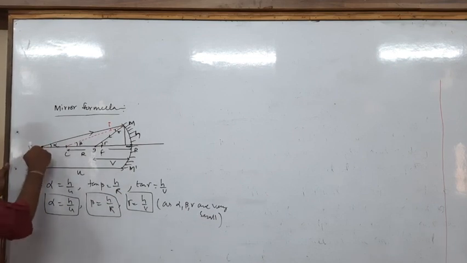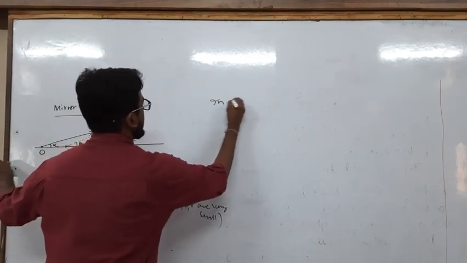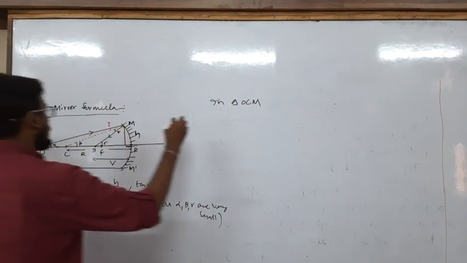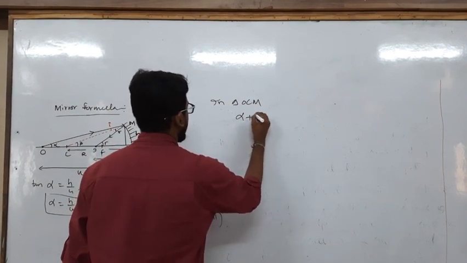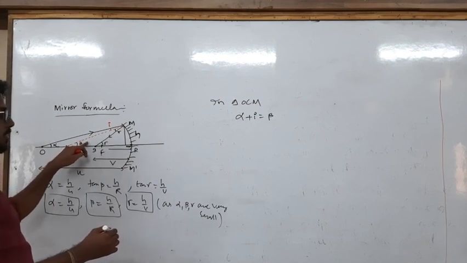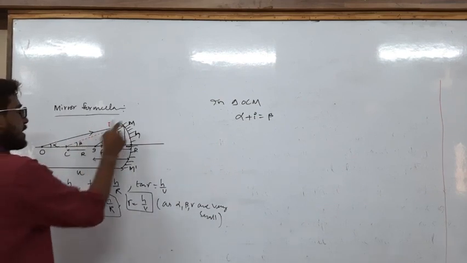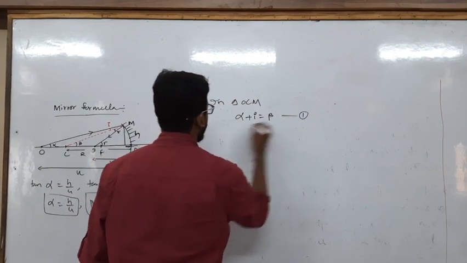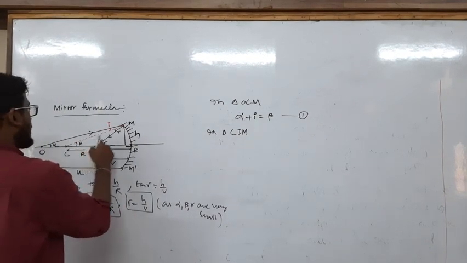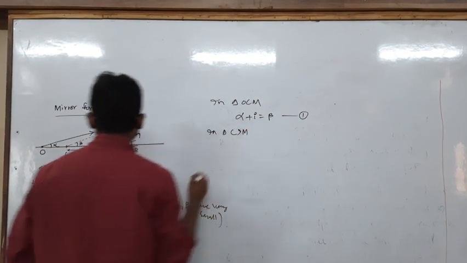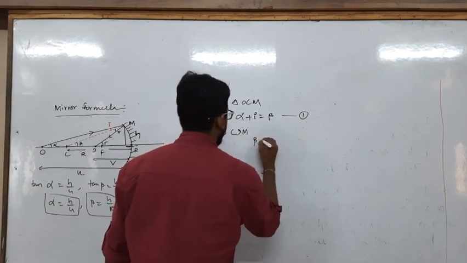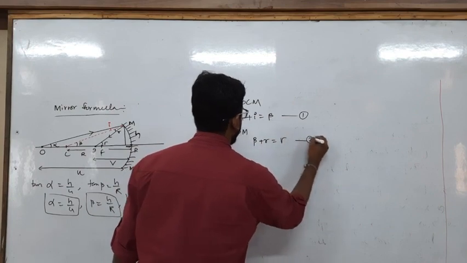So now in triangle OCM, alpha plus I equals beta. This is the exterior angle. Let it be equation 1. Similarly, in triangle CIM, gamma equals beta plus r, beta plus r equals gamma, equation 2.